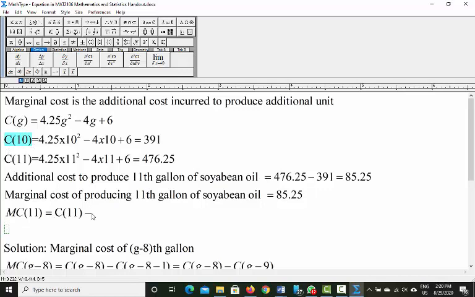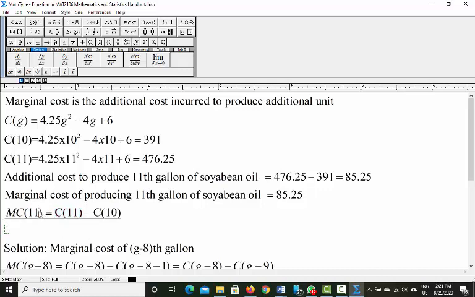Now we are trying to find the marginal cost function. The marginal cost of the 11th gallon is equal to C11, that means the total cost of producing 11 gallons.